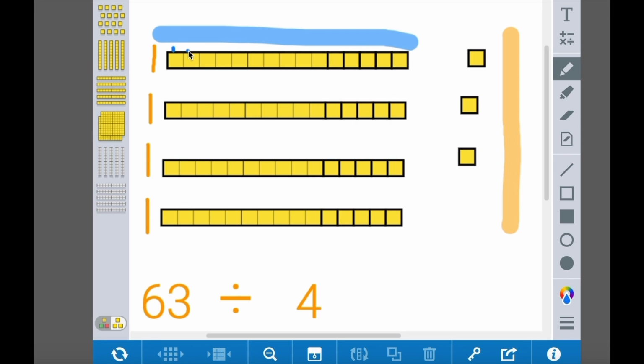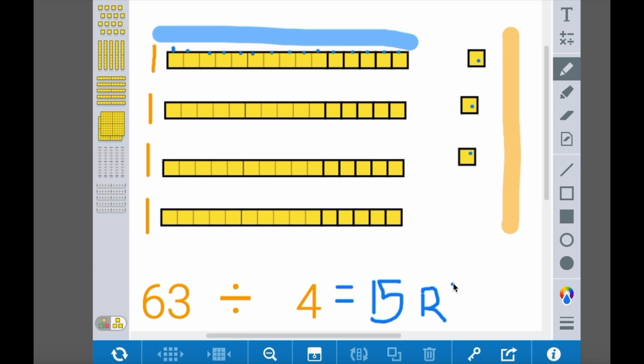So I have 1, 2, 3, 4, 5, 6, 7, 8, 9, 10, 11, 12, 13, 14, 15. Answer is 15, and my remainder is 1, 2, 3. I have 3 that won't fit in.